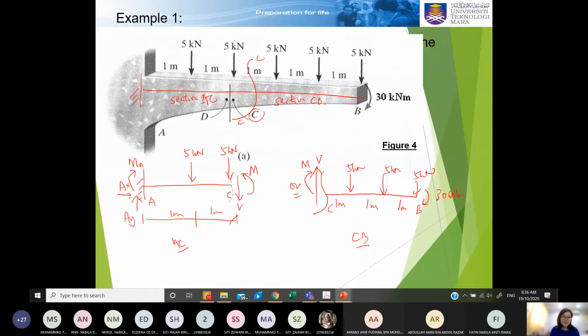In AC you need to solve for all the A support reactions first before you solve your V and moment. But in section CB, you can directly solve for your shear and bending moment. That is why in this case they choose section CB to analyze the system instead of AC.